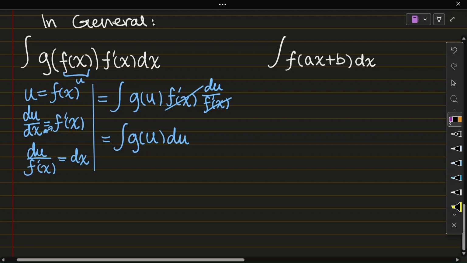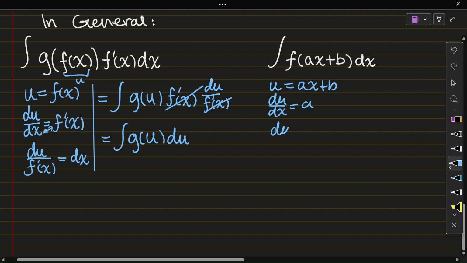So that's one of the useful ways to use u-sub. The other is if I have a linear function in my function, or in other words, it's not just f of x, I have f of something x. So if I let u be that something, the inside here, ax plus b, where a and b are constants, then du by dx will equal a.